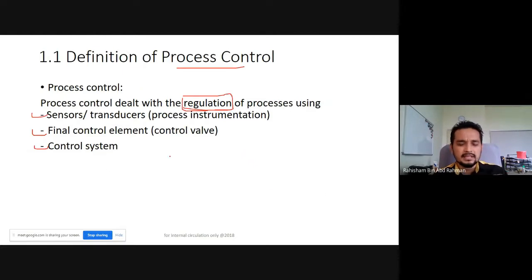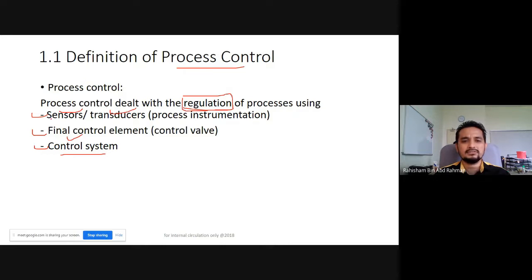In the next subchapter, we are going to look into the details of the sensor, the transducer, the final control element, the valve, and the control system. How to communicate?